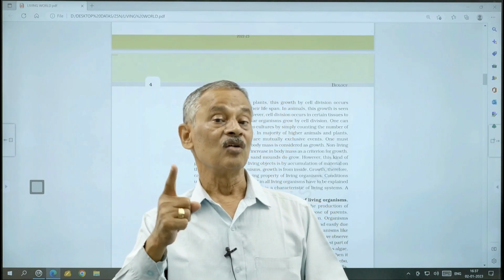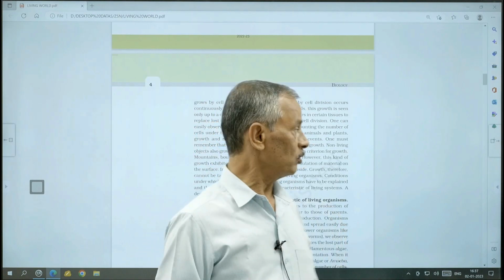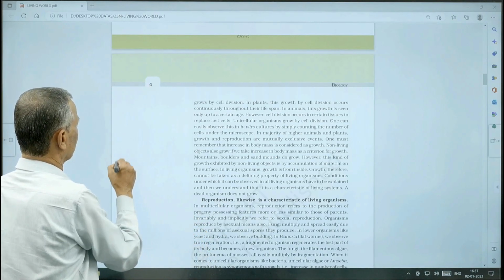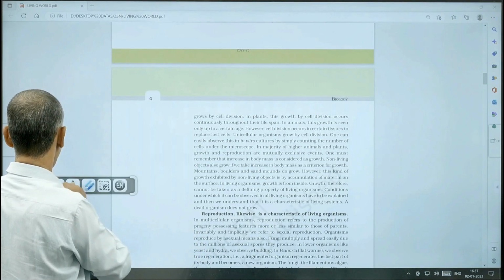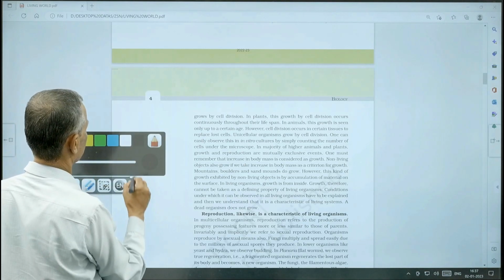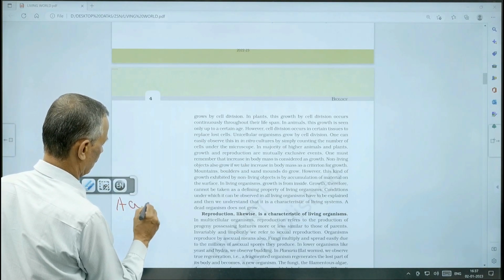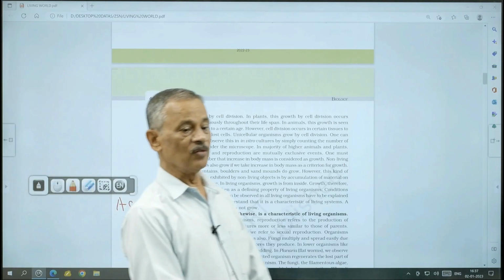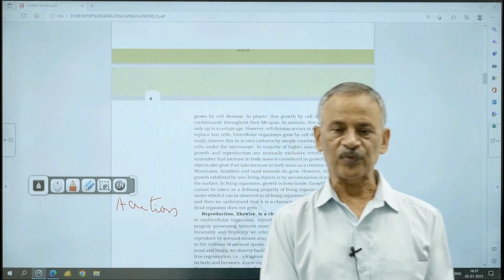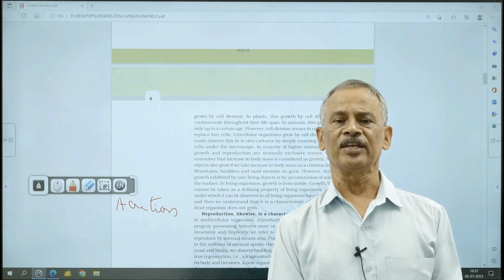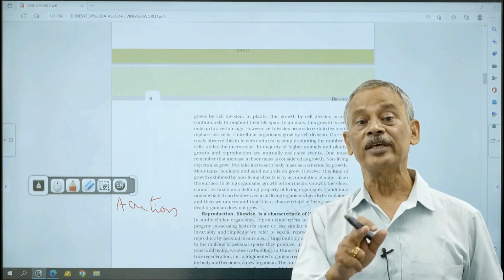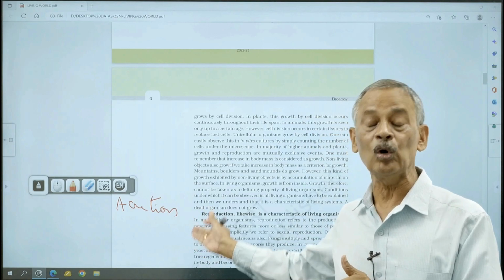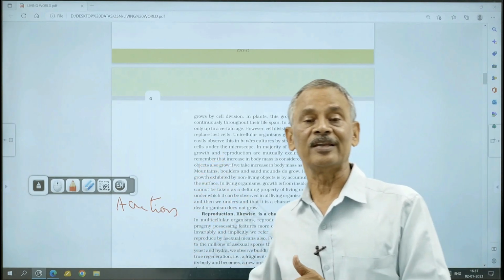Such a growth on the outside is called accretion. So, in non-living things, if growth is occurring, it is different from living things. That we agree. But we have to agree that both living and non-living things are growing because in non-living things also, mass is increasing.